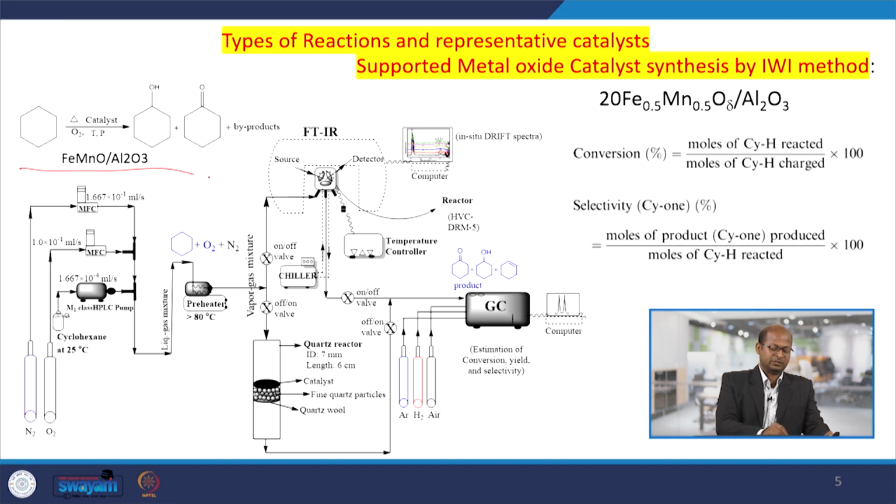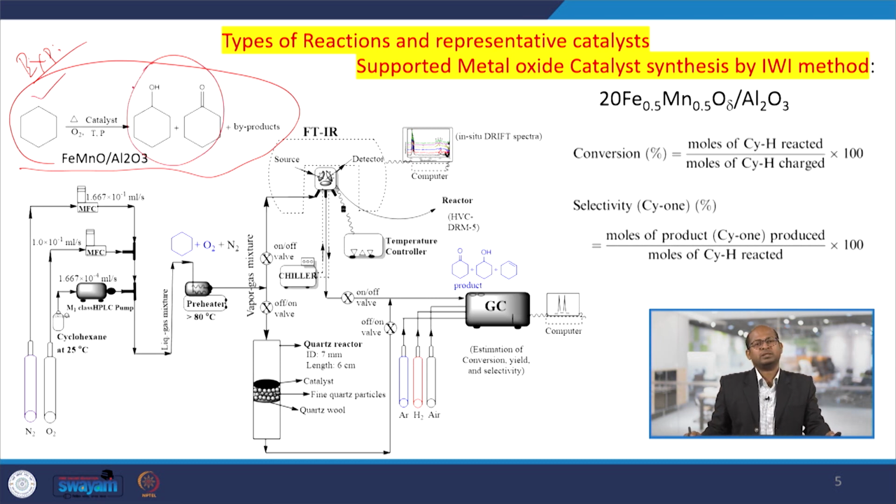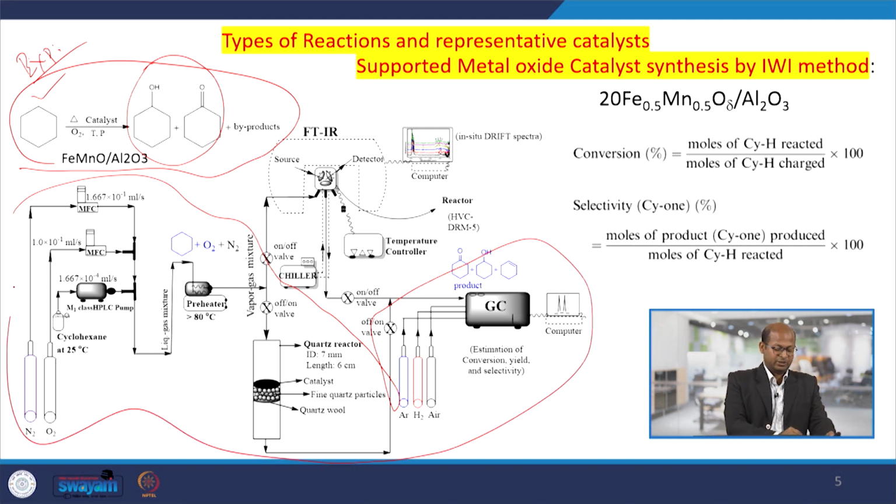Similarly for other reactions, here is another example we are giving. Here also, let us say cyclohexane to cyclohexanol and cyclohexanone production. In that case also we have to build this type of experimental setup, where we can feed oxygen and the reactant cyclohexane; both will come with the inert component nitrogen and pass through this catalyst bed.